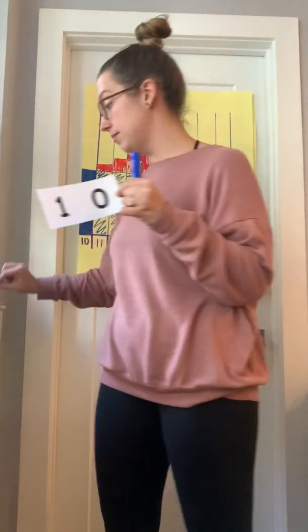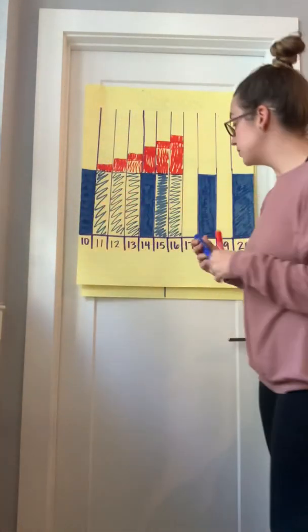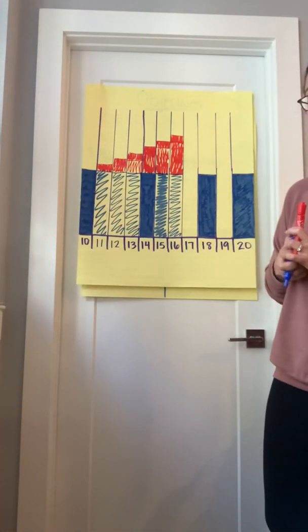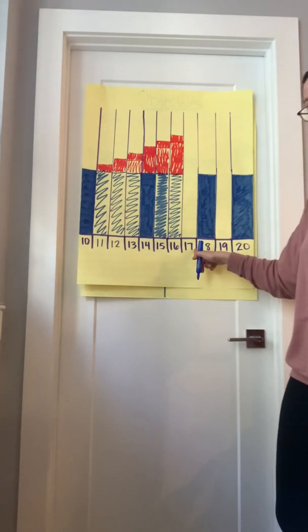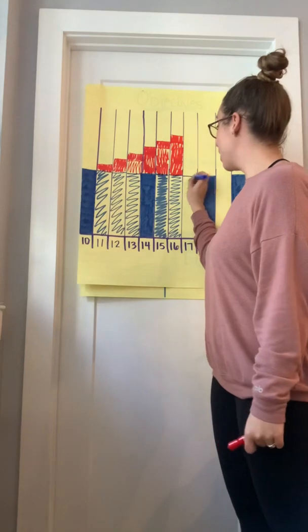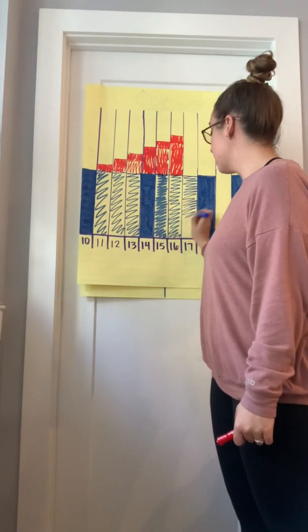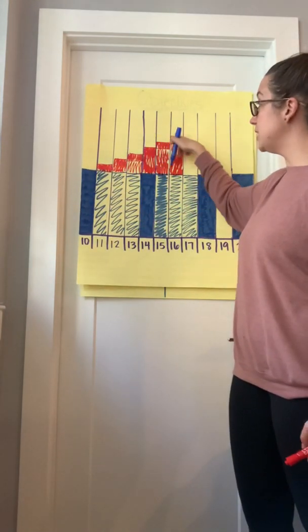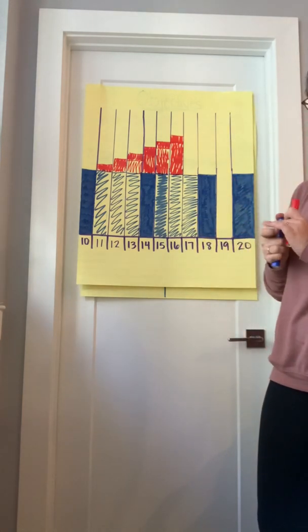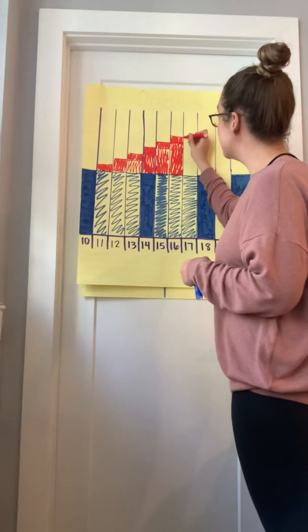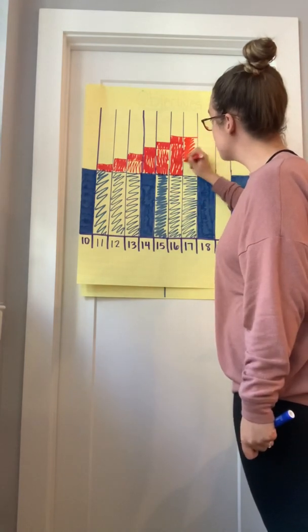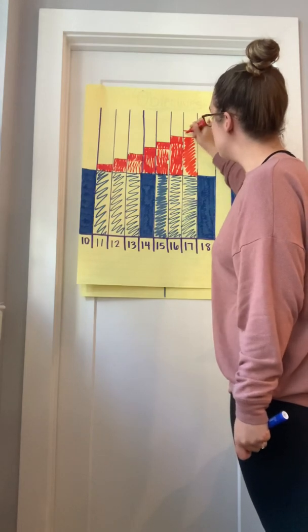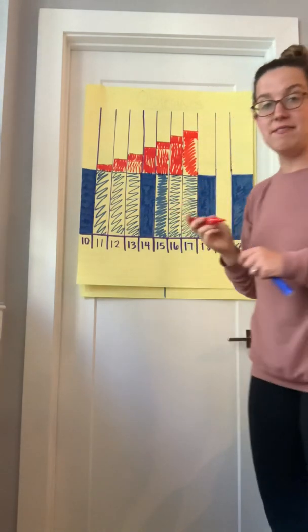So we have 10, 6 together is 16. Let's move on. How many more would we have to add to 16 to get to 17? 1 more step. I hope, kindergartners, that you are seeing this pattern. We have 10, 11, 12, 13, 14, 15, 16, 17. We have to add 1 more step to get to 17. So we have 16. Add 1 more, and now that is 17.